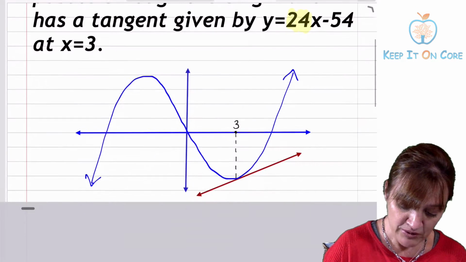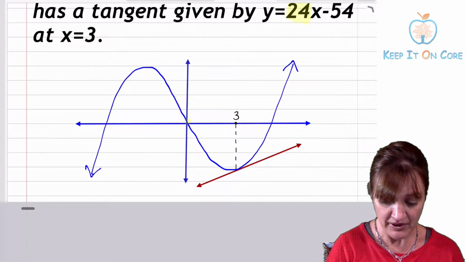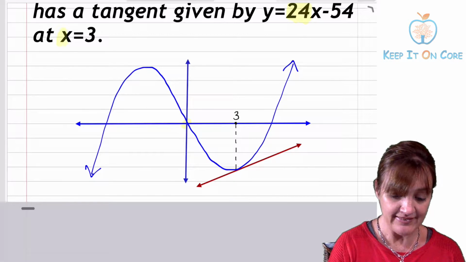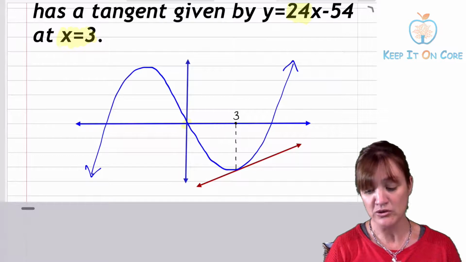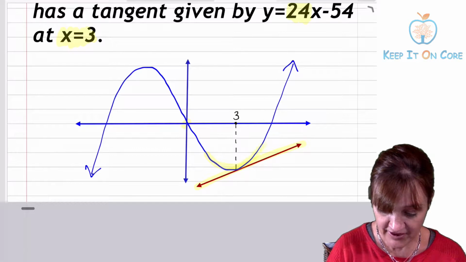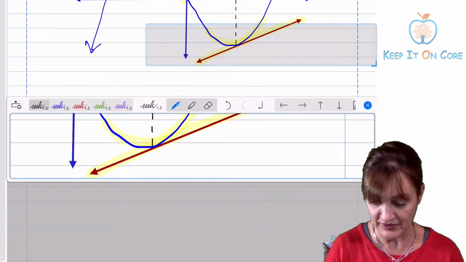So if I were to roughly draw my cubic graph, okay, it's passing through the origin, all right? And at the point where x is equal to 3, the tangent and the graph are touching each other at the point where x equals 3, okay?